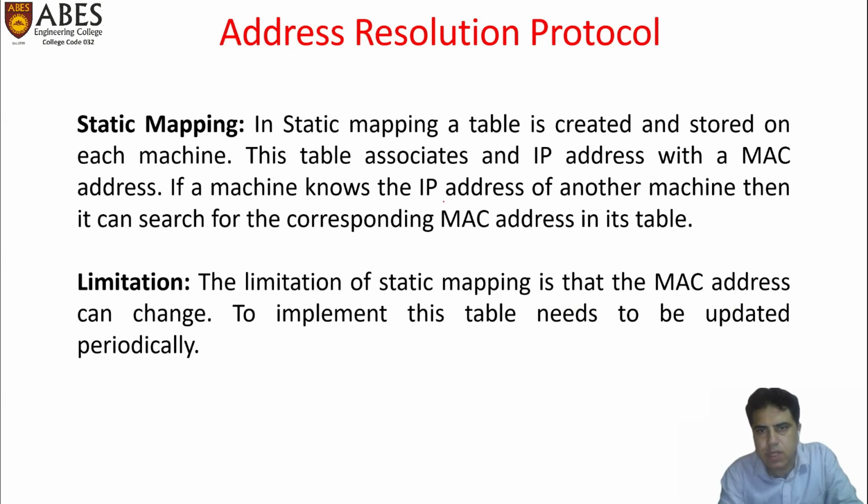If a machine knows the IP address of another machine, then it can search for the corresponding MAC address in its table and use that MAC address. But the limitation of static mapping is that the MAC address can change. How does the MAC address change? If we change the device, then the MAC address obviously changes for that machine. So the table needs to be updated periodically for static mapping.